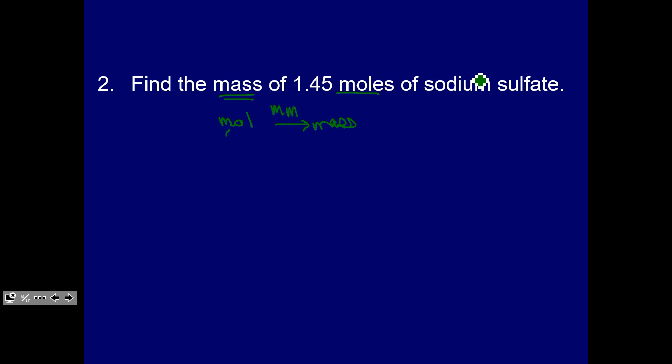Moles is n, mass is m. As soon as I know that I need a molar mass, I'm going to start figuring out the formula. Sodium is 1 and sulfate is 2. And I've always got to check sulfur. I always forget.